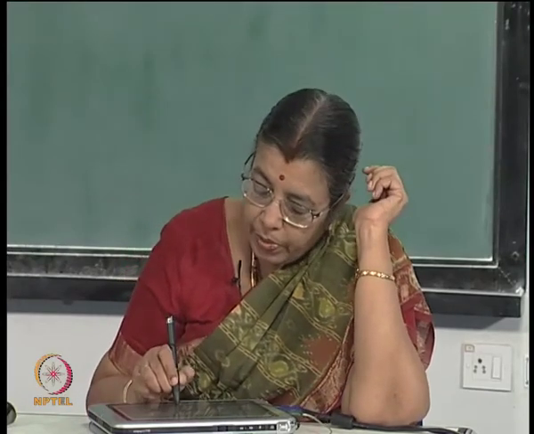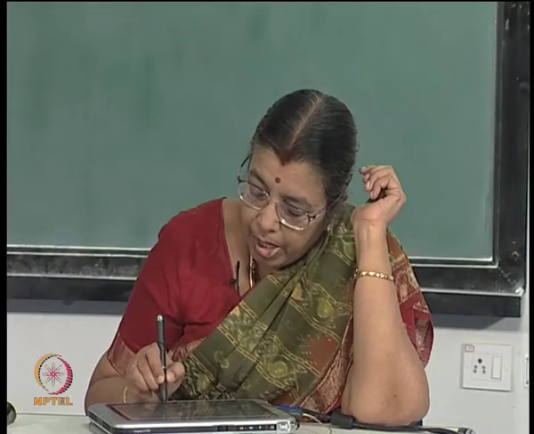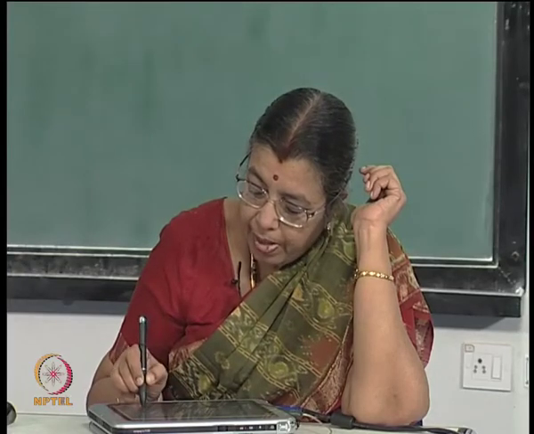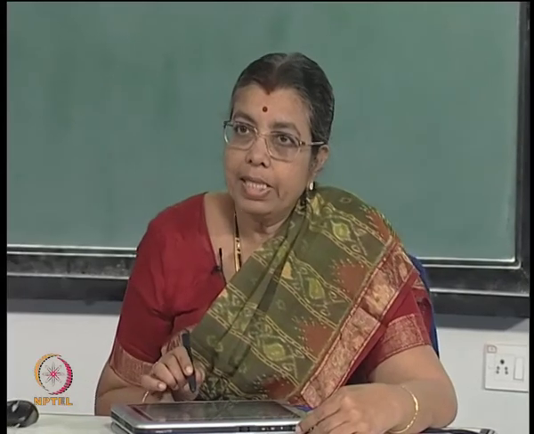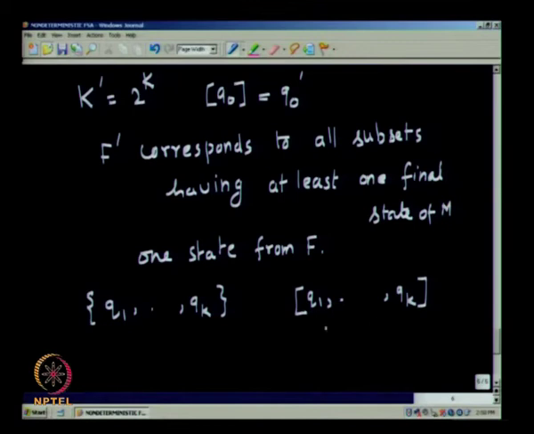In the deterministic machine, this subset will correspond to a single state, and that is denoted by [Q1, Q2, Qk]. Note that to denote a subset we are using flower brackets. When it becomes a single state in the deterministic automaton, we denote it with a square bracket.